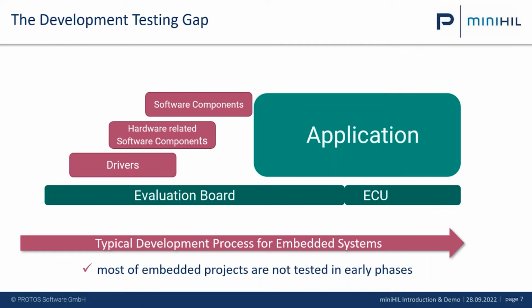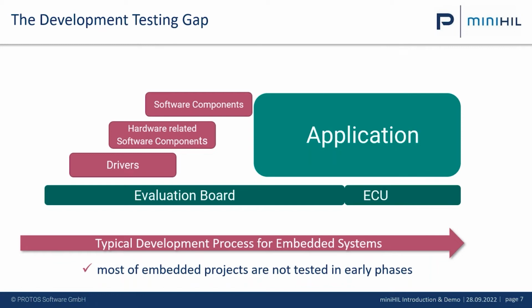In order to explain what the focus really is here, we have a look at the development process for embedded systems. A very typical approach is to start on an evaluation board, to develop drivers, and then the next step to develop hardware-related software components, such as motor controls or battery controls, bus protocols.